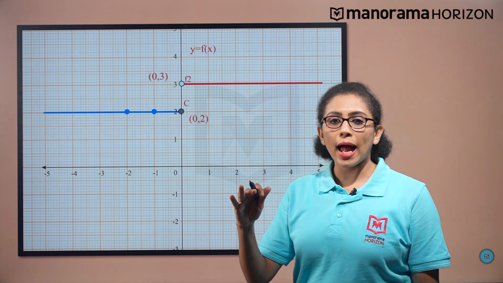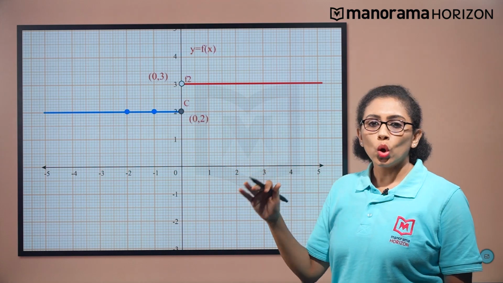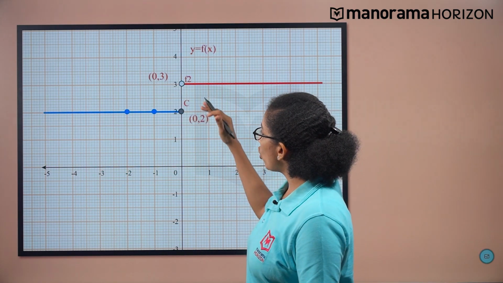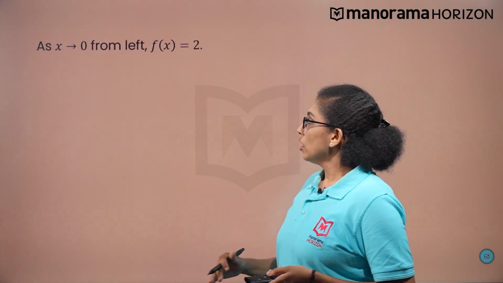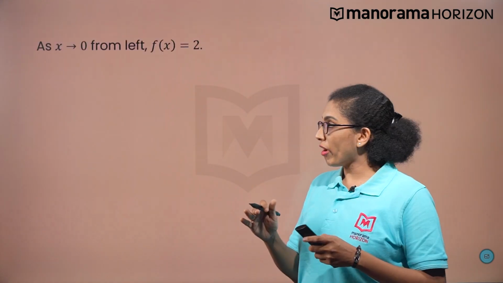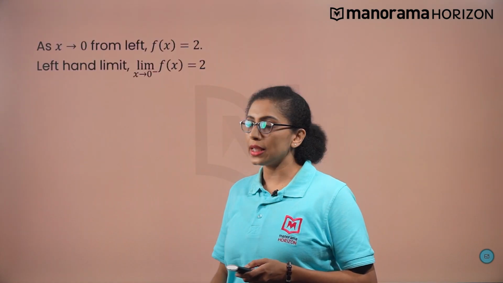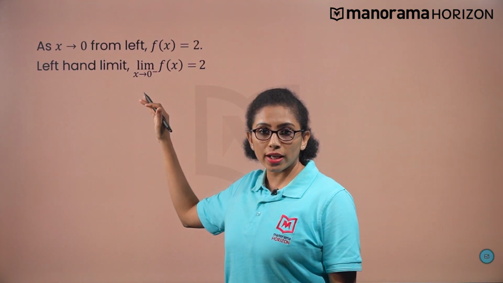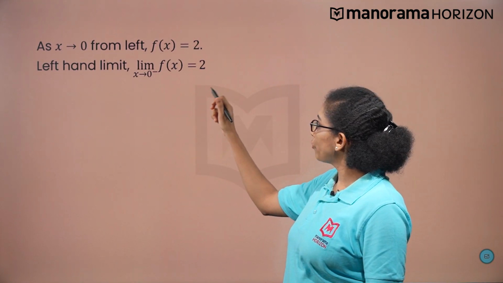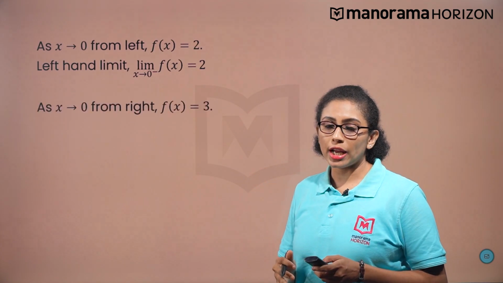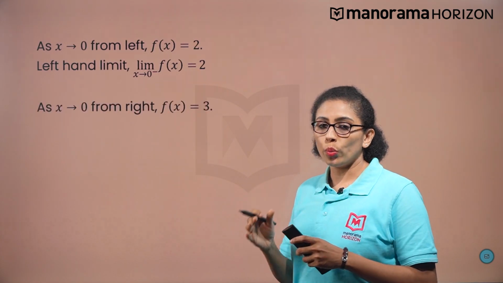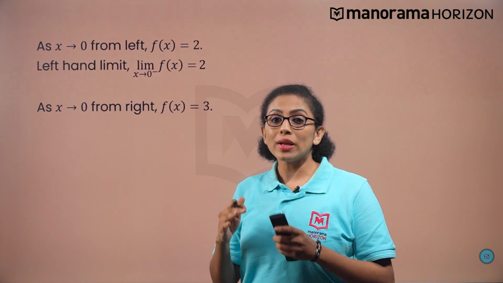It is clear that the value of the function with x less than or equal to 0 equals 2. So the left hand limit of f of x at 0 is limit x tends to 0 minus f of x is equal to 2. Similarly, the value of the function f at 0 with x greater than 0 equals 3.